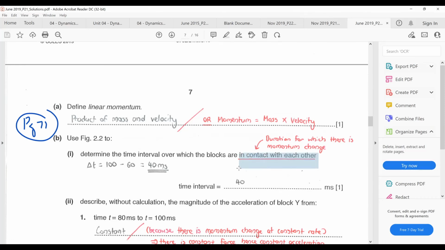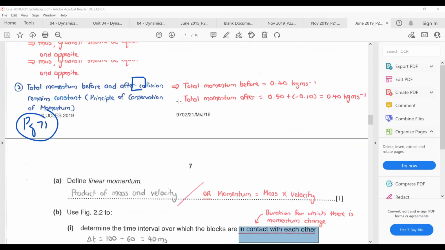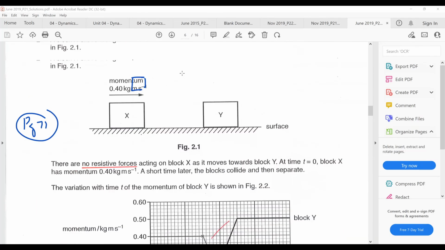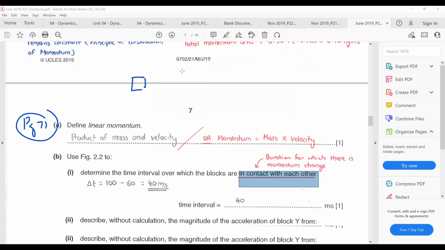When the blocks are in contact with each other, there will be a period of time where they are actually exerting forces on each other. There's actually a momentum change. What I mean by that is that they still label this block X and Y, right?